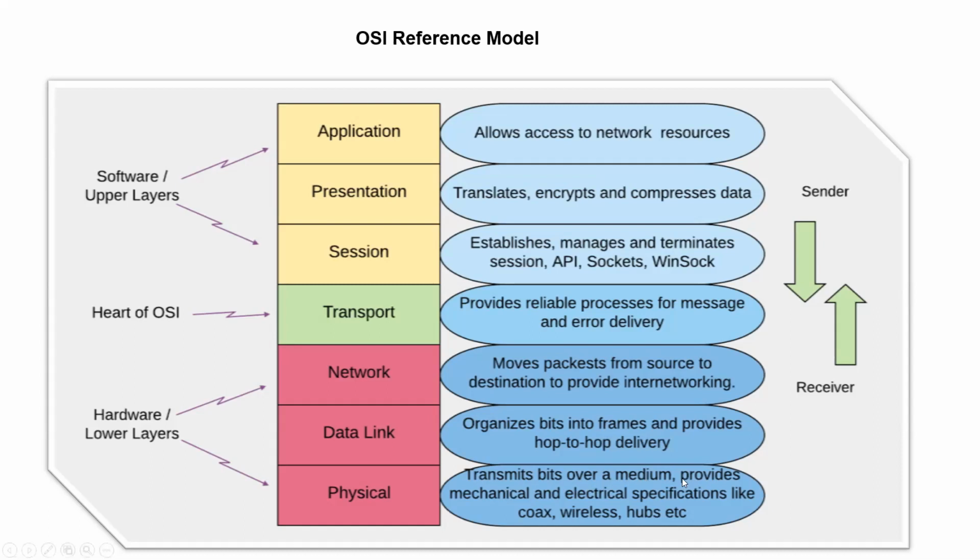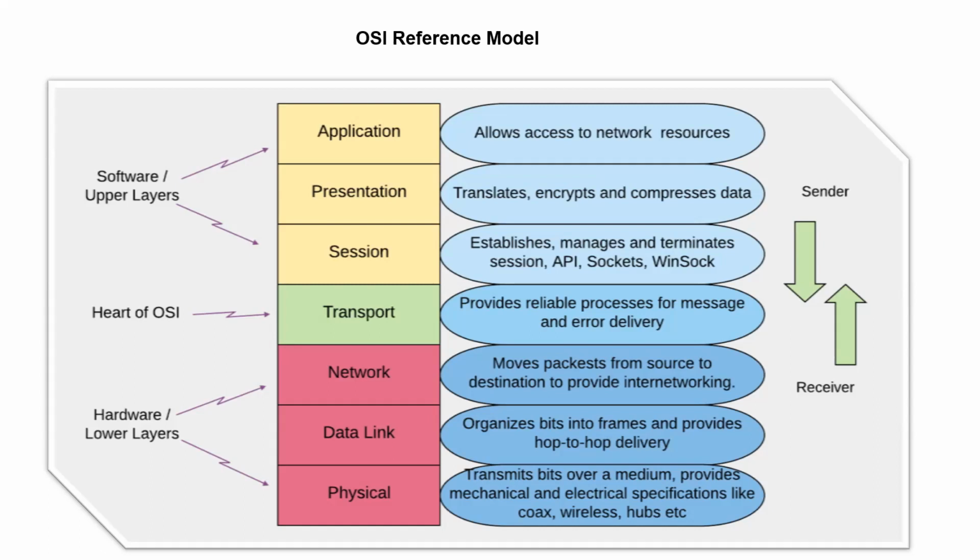It transmits bits over a medium and provides mechanical and electrical specification, like coaxial cable, wireless, hubs, etc. So we started from the upside, and the first layer from the bottom is the physical layer, which actually deals with the physical medium transmission.